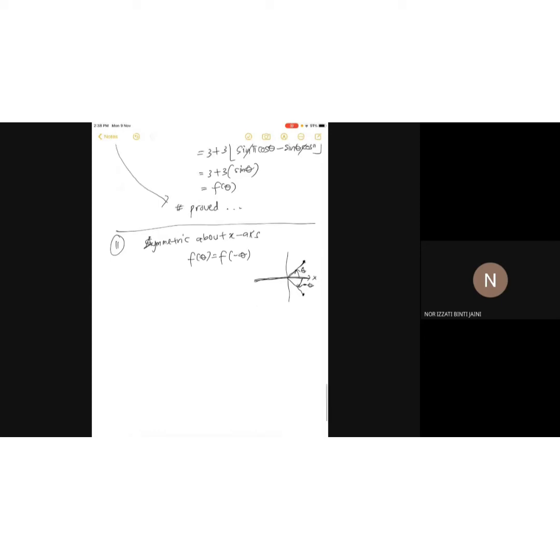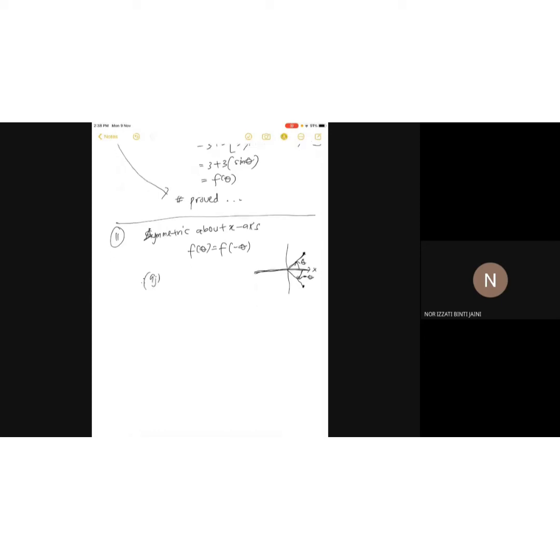Okay, so 9j equals to 2 cos 3 theta. So this is our f theta. Then our f negative theta is 2 cos negative 3 theta, which is again equals to 2 cos 3 theta.